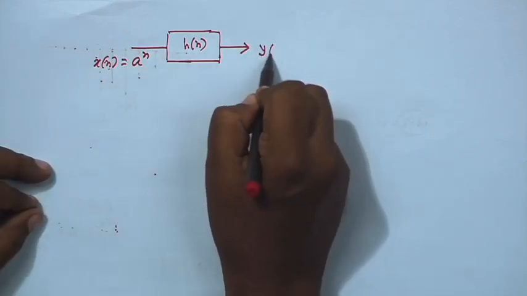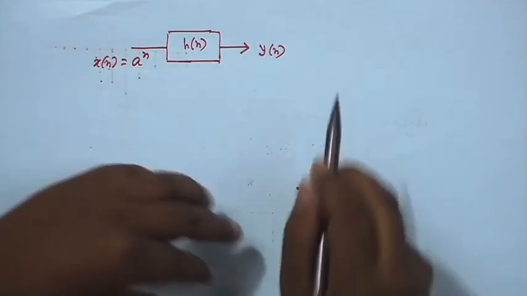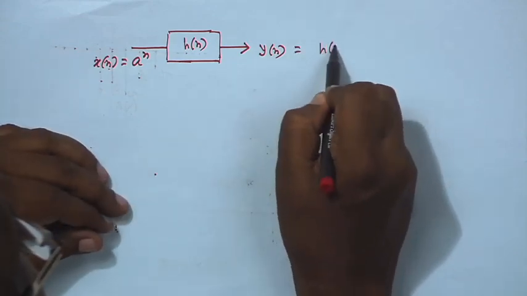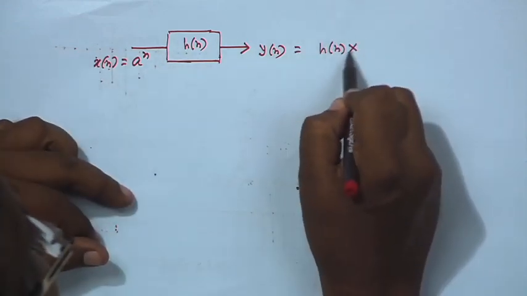What is the output? Output will be convolution, and I prefer h convolved with x, that form.